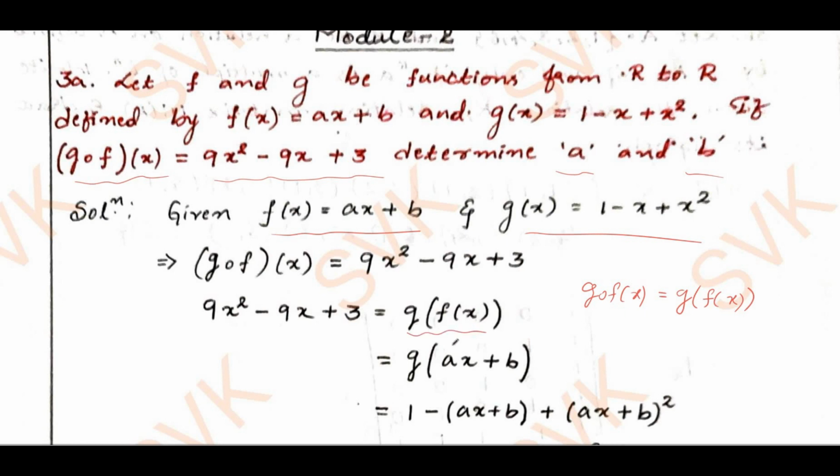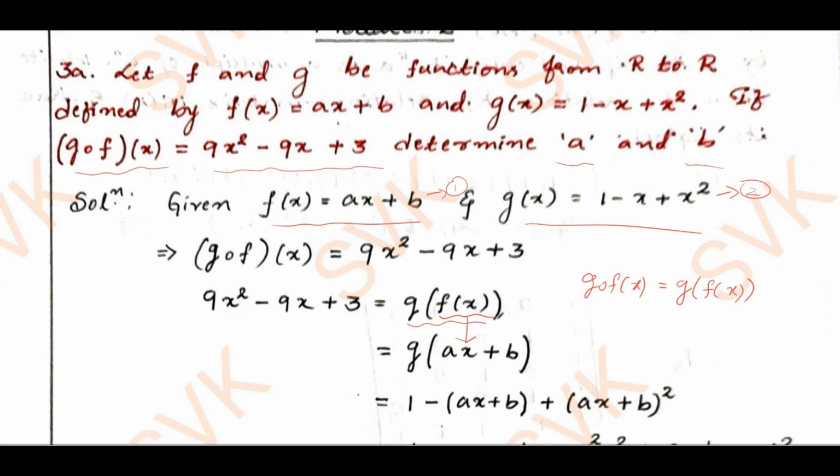You can name f of x as equation 1 and g of x as equation 2. From equation 1, f of x is ax plus b. In place of f of x, I write ax plus b, so g of f of x becomes g of ax plus b.